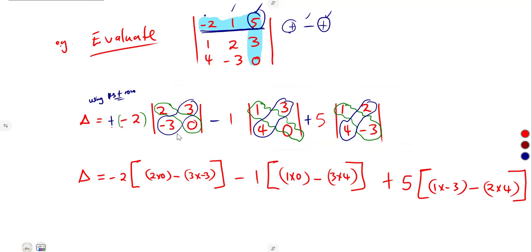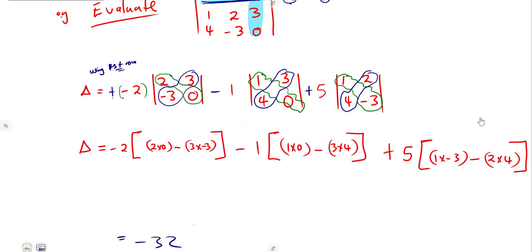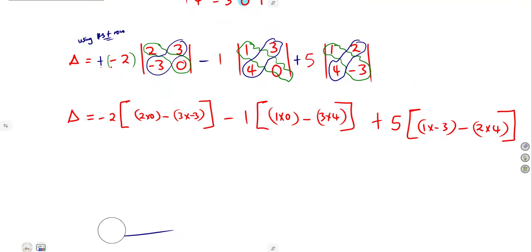So we have determinant here, determinant here, determinant here, but being multiplied to their corresponding elements with what? The sign. So it is now in your hands, guys. You can use your calculator to evaluate this whole part of your determinant. You can work it stage by stage.